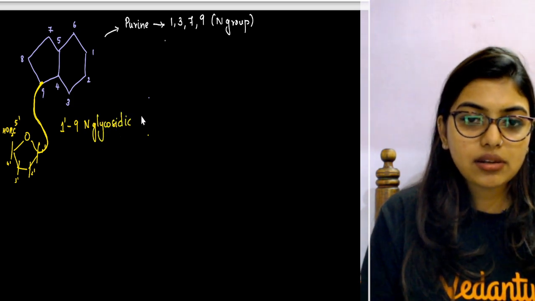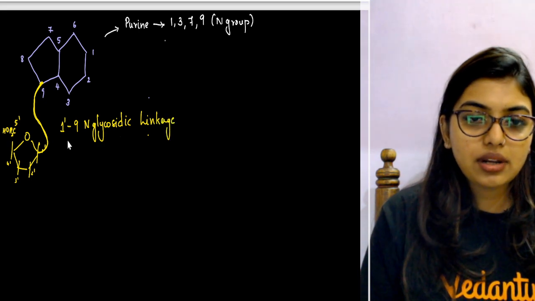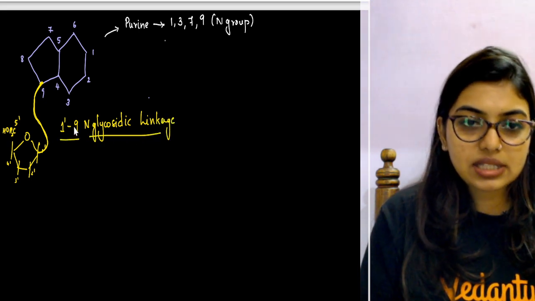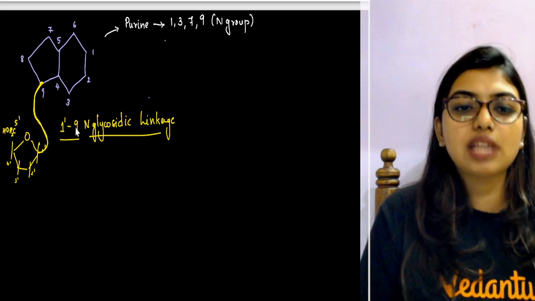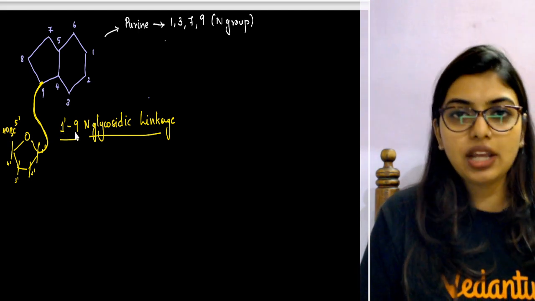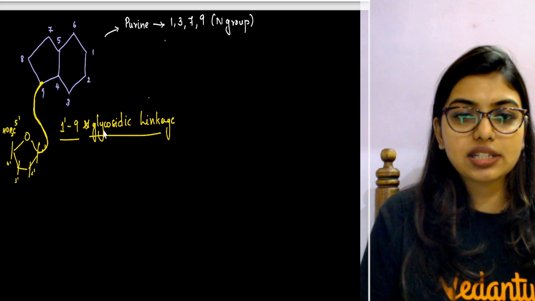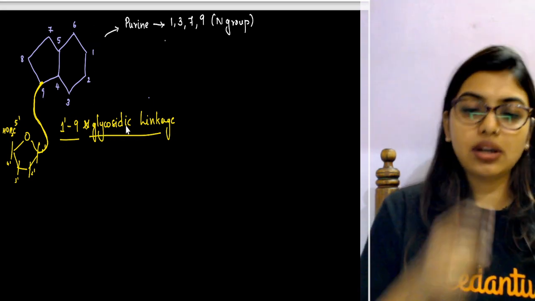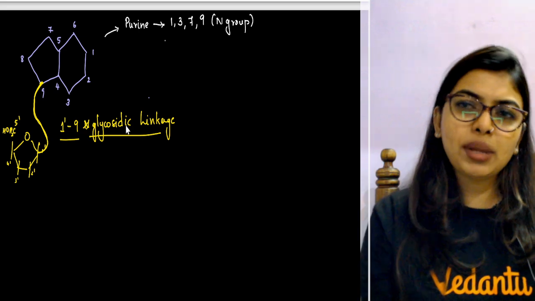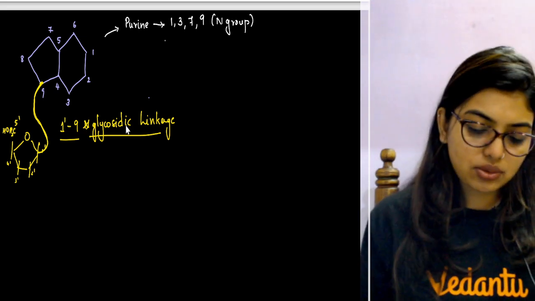On the first carbon of the sugar the binding is happening, and on the ninth position of the nitrogenous base. We have to differentiate with this dash.